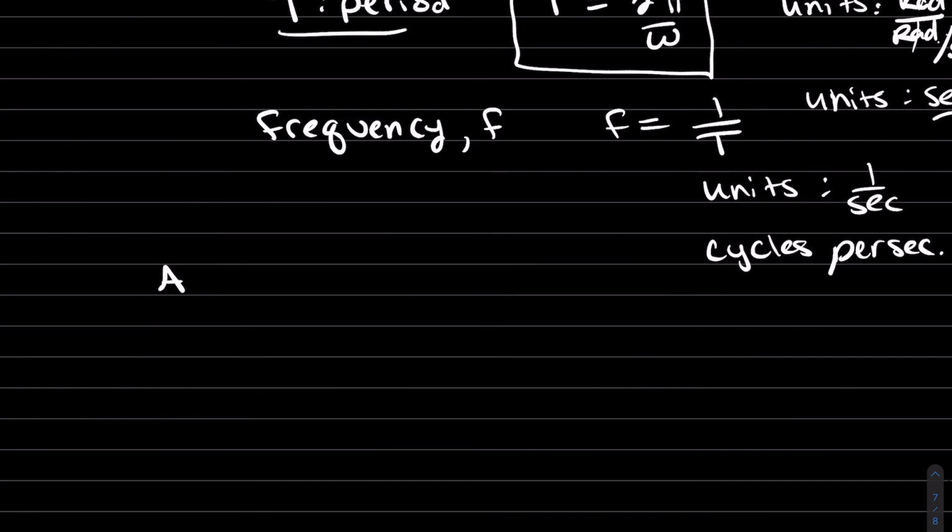Now remember our amplitude on this last problem. Our amplitude was 0.53. That was feet. So that's going to be our max. Our max when x is greater than 0 is going to be 0.53.